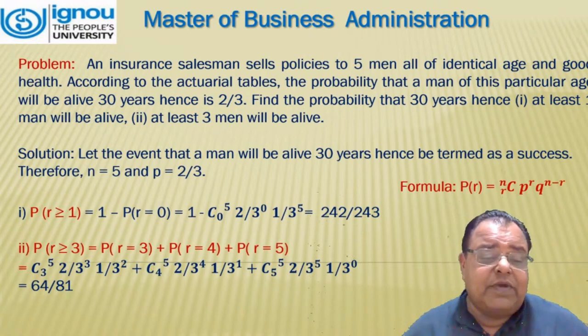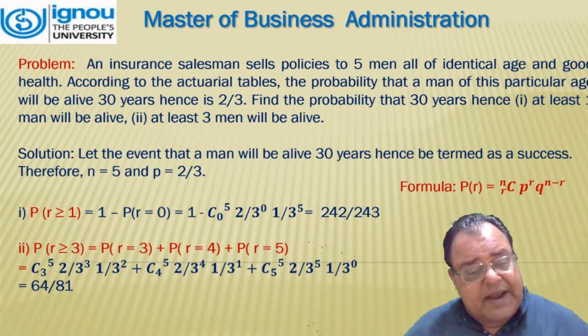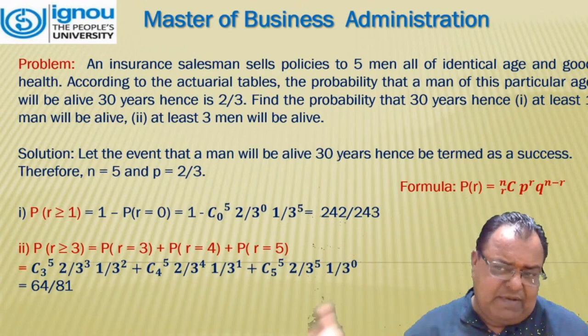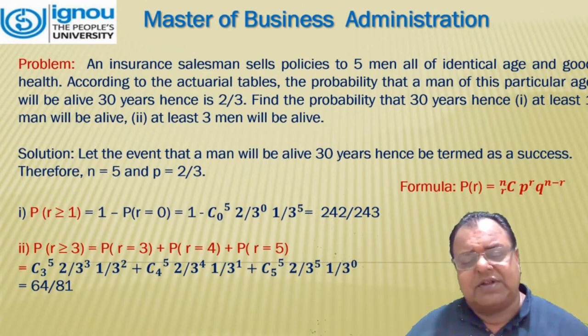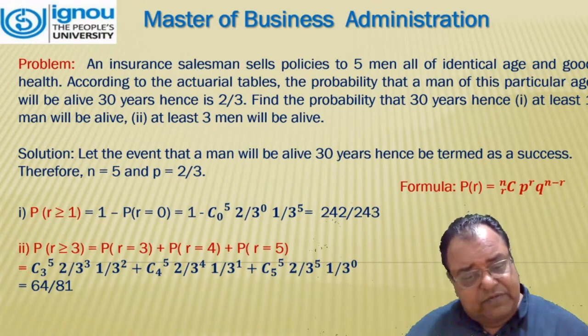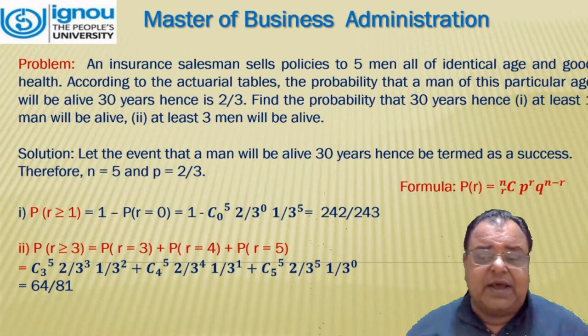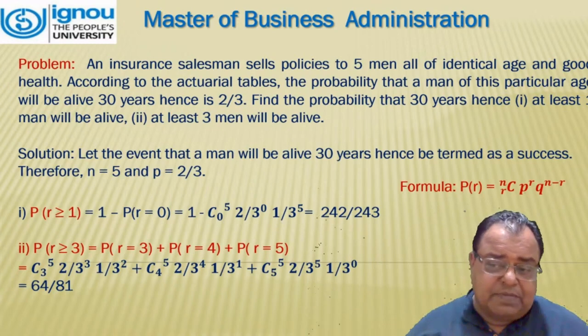Now, we have to calculate the probability of at least 3. Since we are having 5, it will be easier for us to calculate P(r = 3) plus P(r = 4) plus P(r = 5). We will be applying the same formula, nCr, p raised to the power r, q raised to the power n minus r.